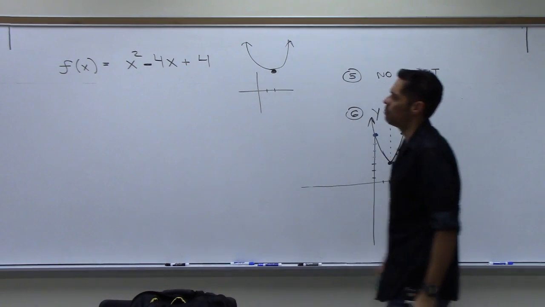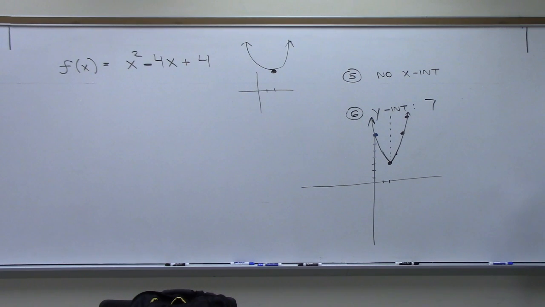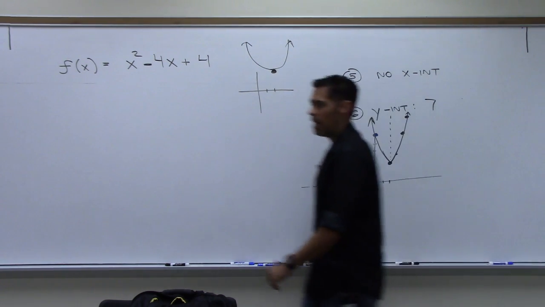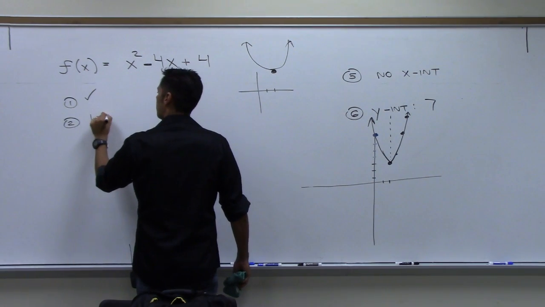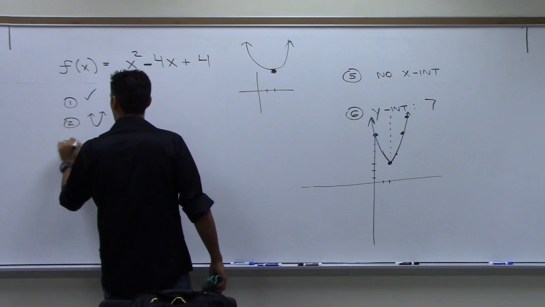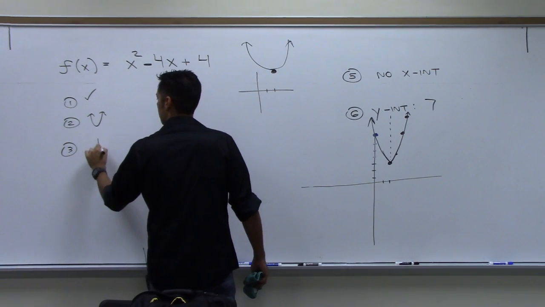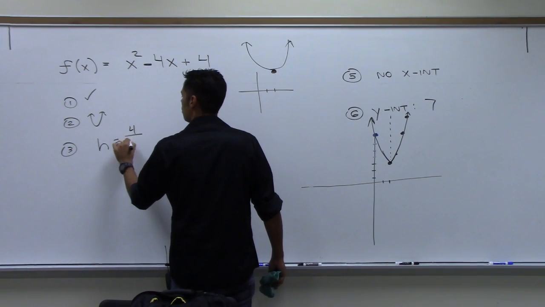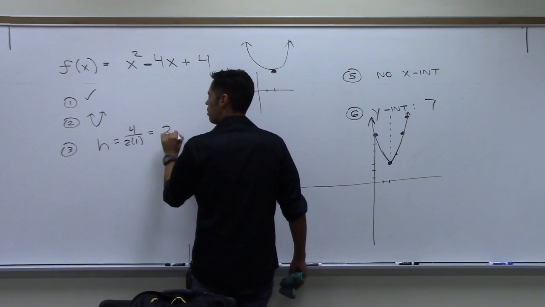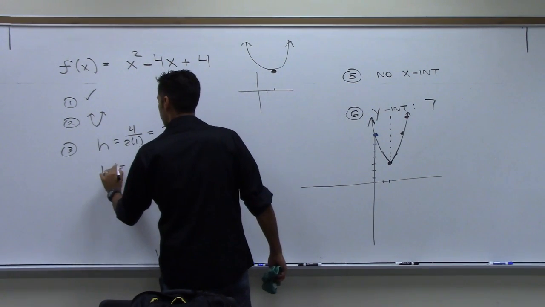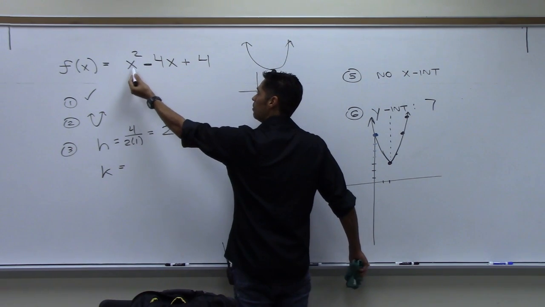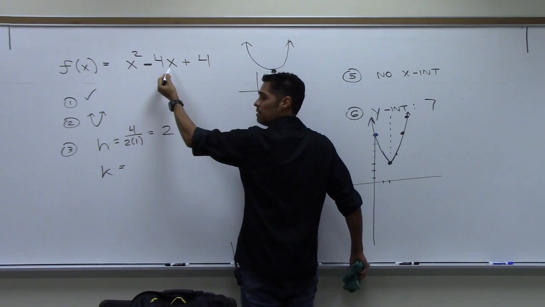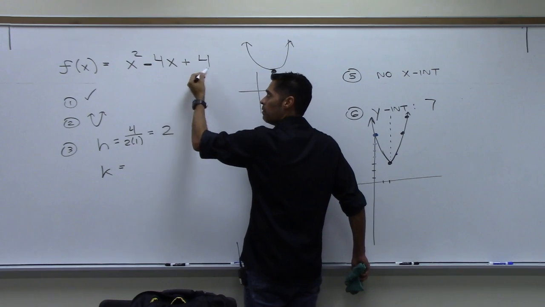How about that one? x squared minus 4x plus 4. Okay, so it's a parabola, right? Opens up. And the vertex, h is negative b over 2a, which is 2. K is, what happens when we plug in 2 here? 4, take away 8, add 4, 0, isn't it?